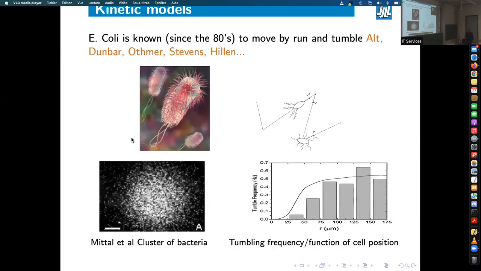So this is known since the 80s that bacteria are moving by a run-and-tumble, as it was mentioned by Christian yesterday, which means, so cells, this is Escherichia coli. You have these flagella, they use them as a propeller, they move, and so they make long jumps, and sometimes they change direction, make another jump, change direction, make another jump.